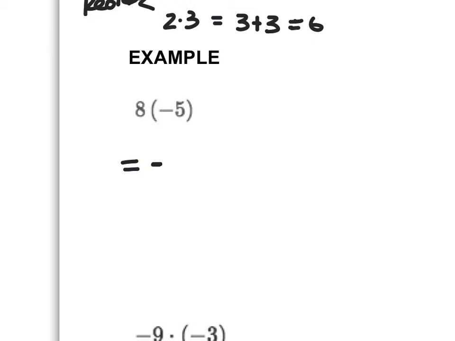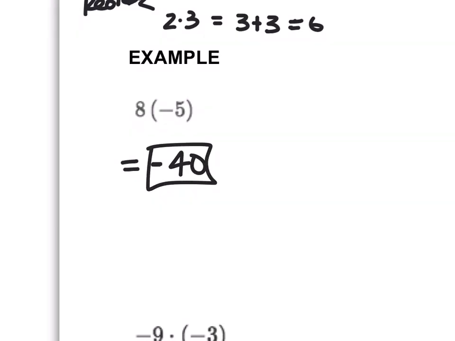You probably need to know your multiplication tables for a lot of the smaller numbers, but you can still add negative 5 eight times, or take 8 and add it 5 times, whatever you want. But 8 times 5 is going to give you 40.